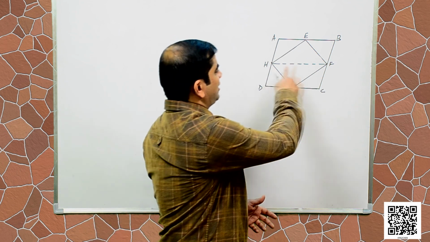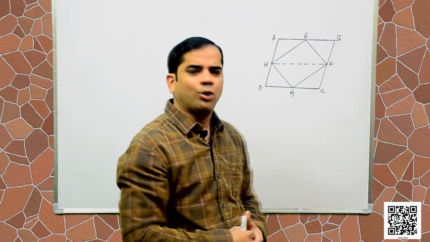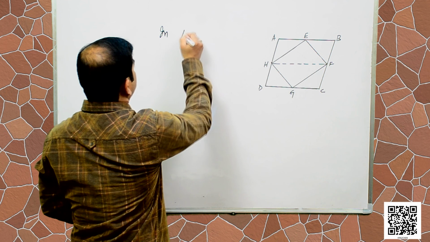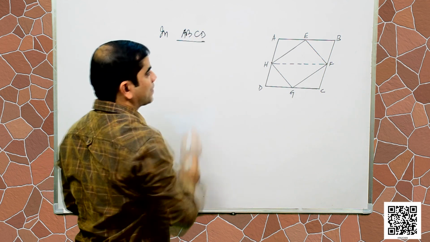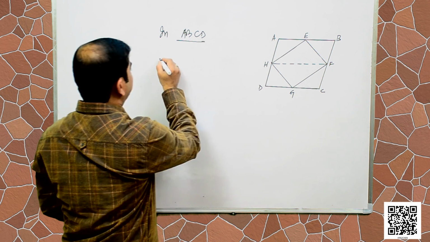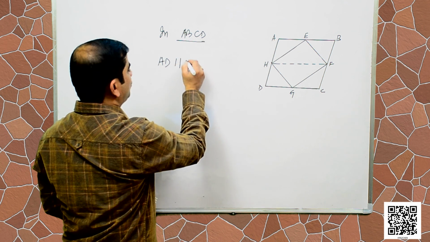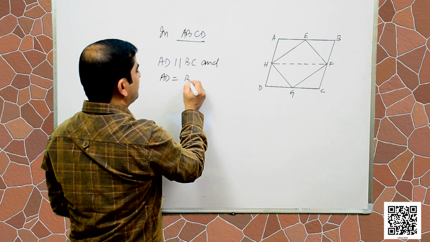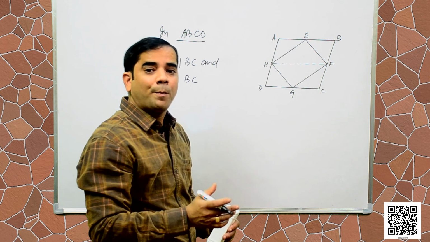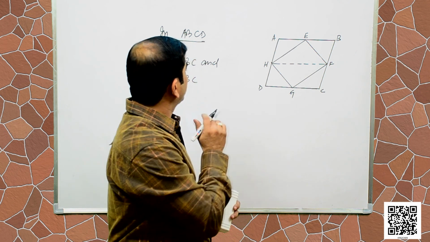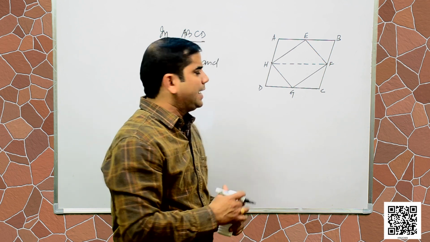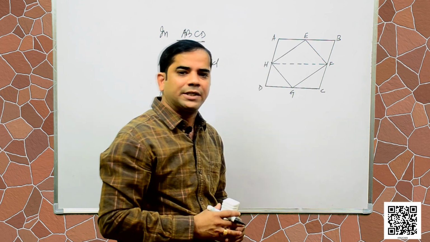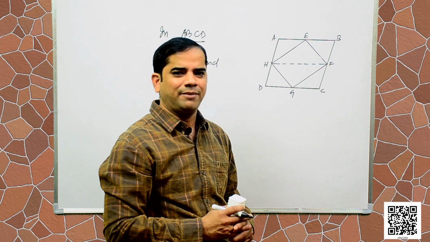For the solution part, join H and F. Okay. So, in parallelogram ABCD, AD is parallel to BC and AD is equal to BC because they are opposite sides of the parallelogram ABCD. Okay. AB is equal to CD because they are also opposite sides of the parallelogram. Okay.